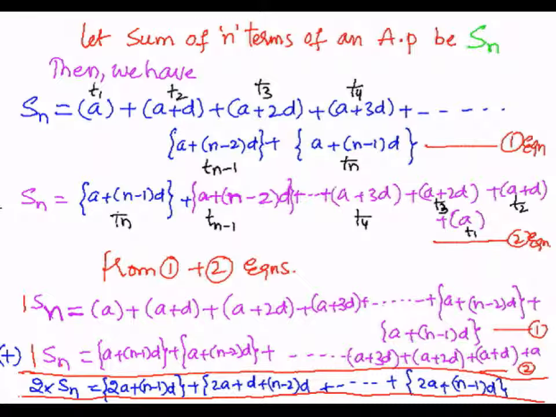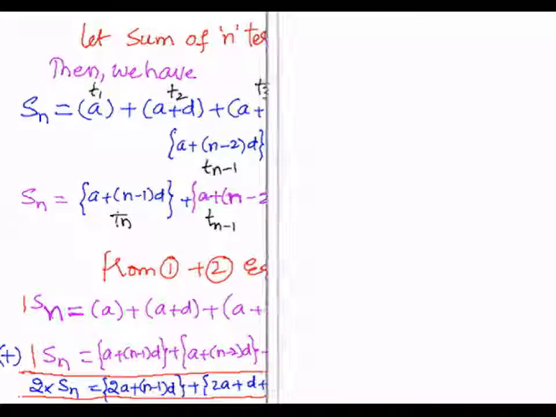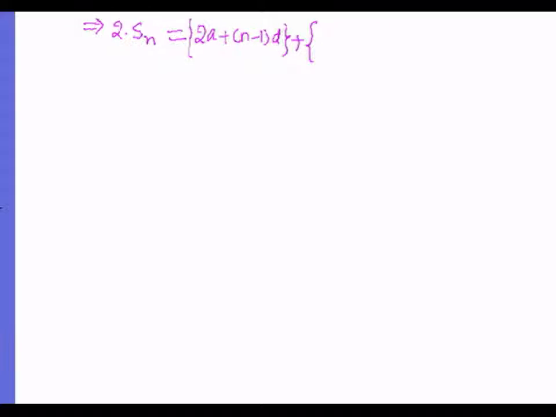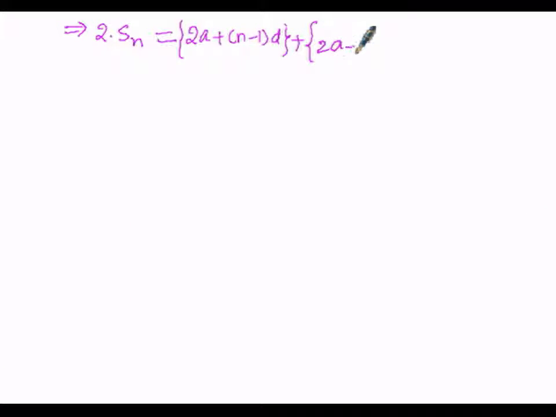So 2Sn is equal to the first term 2a plus n minus 1 into d, plus the second term 2a plus 1d plus n minus 2 into d, plus dash dash, then the last term, the nth term, 2a plus n minus 1 into d.